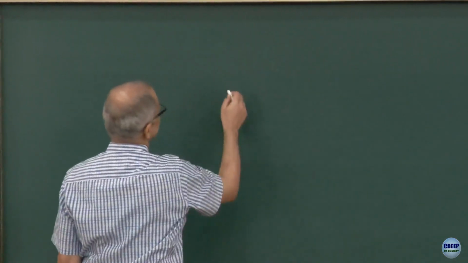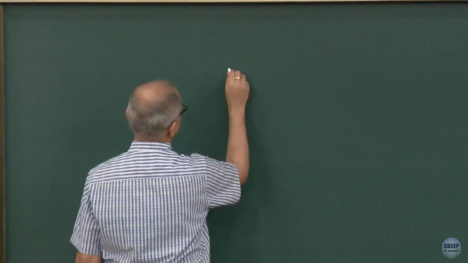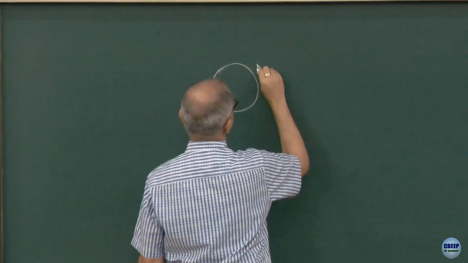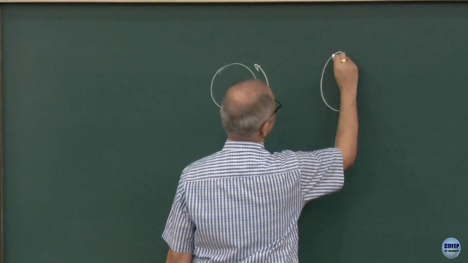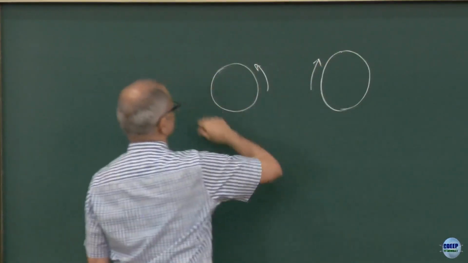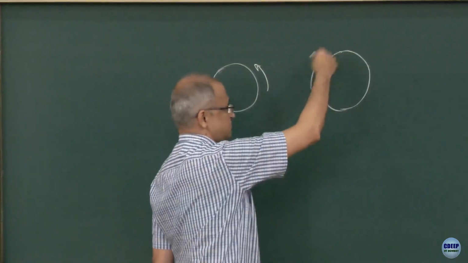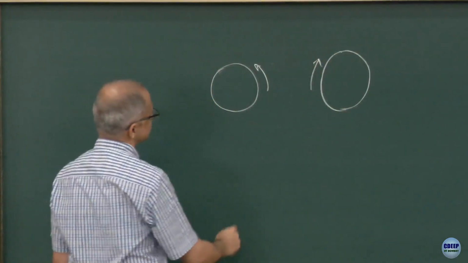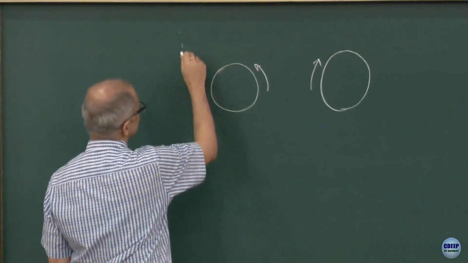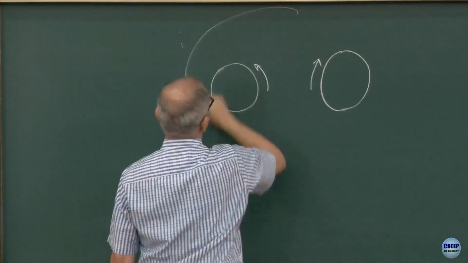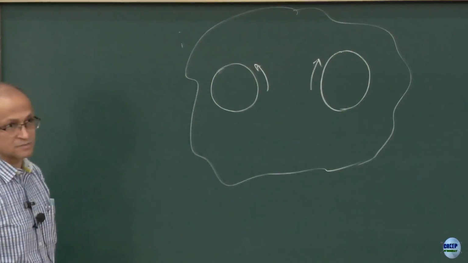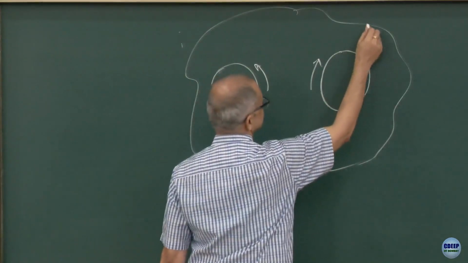So if I take two vortex tubes, for example, this is one vortex. One is rotating counterclockwise, the other one is rotating clockwise. Let us say they have the same strength. Now I want to find out what is the circulation which is along this path or in this region here.